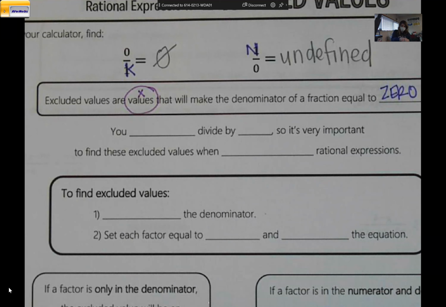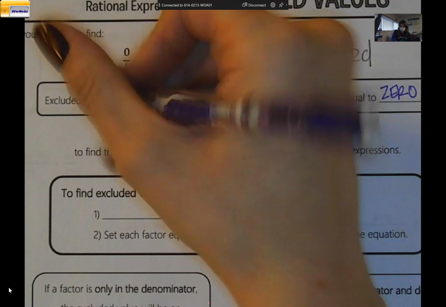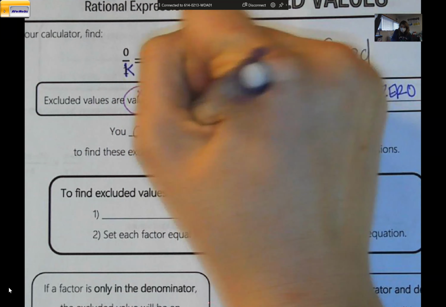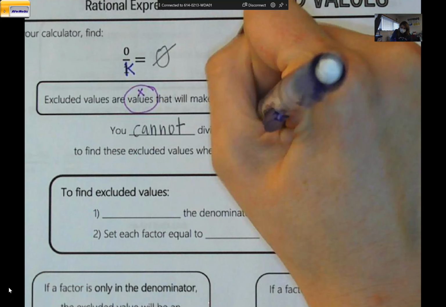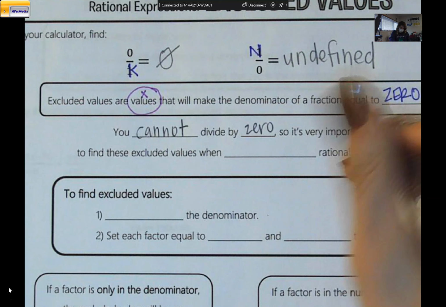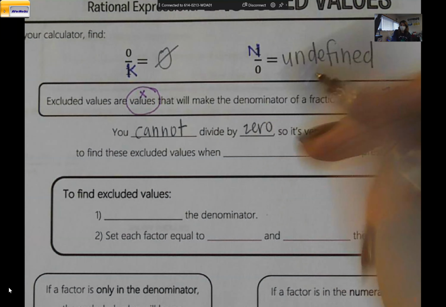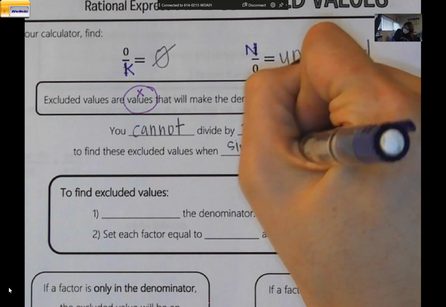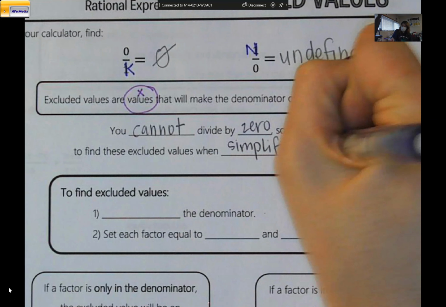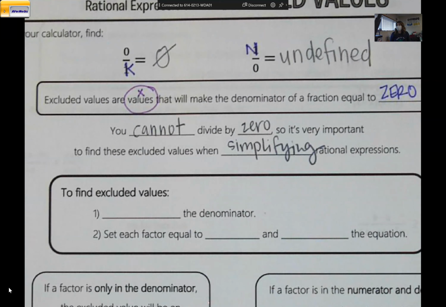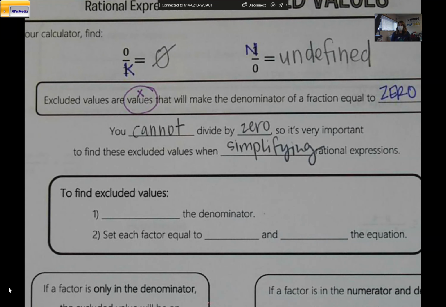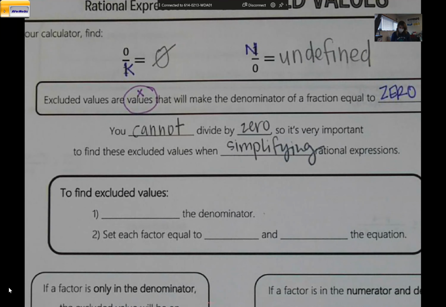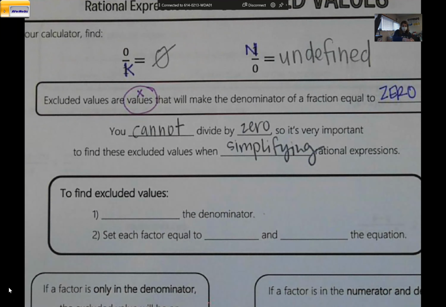So you cannot divide by 0. So it's very important to find these excluded values when simplifying rational expressions. And simplifying is what we did last time. So this is a 2-step process.